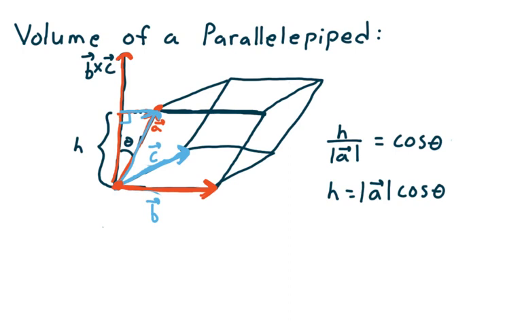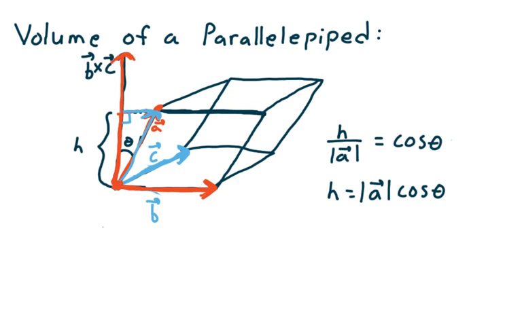And if I apply the right-hand rule, if I take b cross c, I get a vector that runs perpendicular to both b and c pointed in the upward direction. And so that's the vector here highlighted in red.